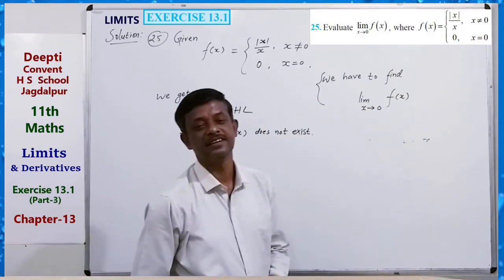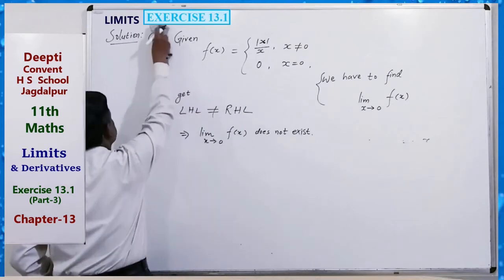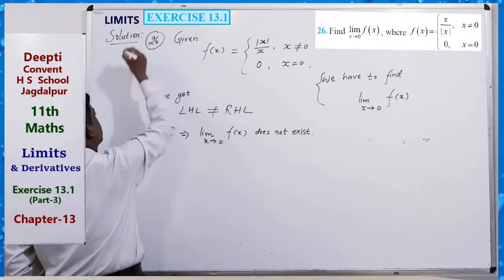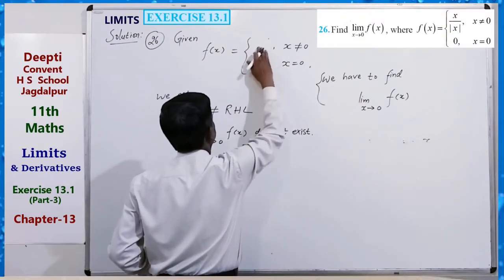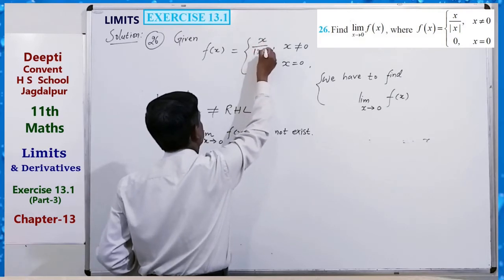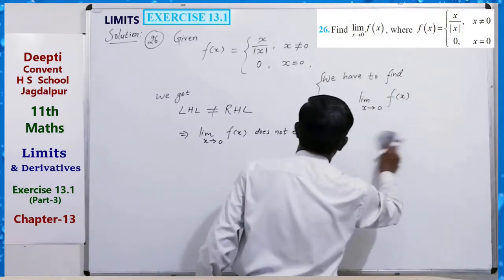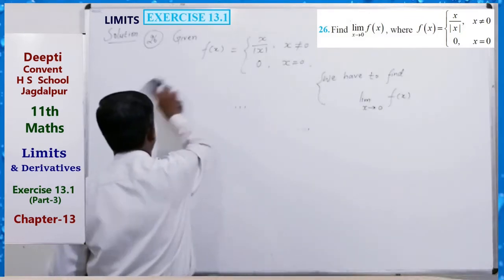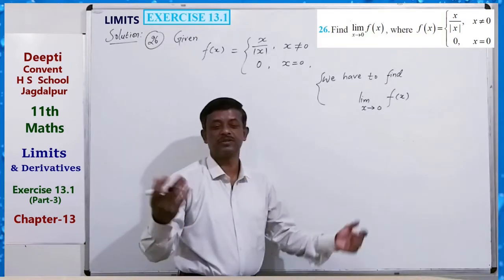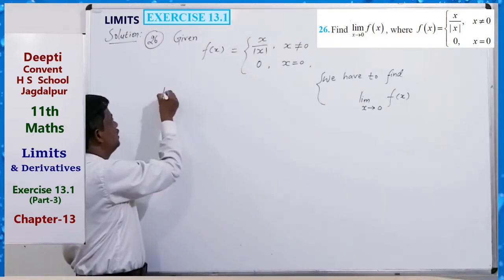Here mod x is in the denominator. The only difference is x upon mod x, and the remaining is the same. So by using a similar process you can find it, just with mod x in the denominator.